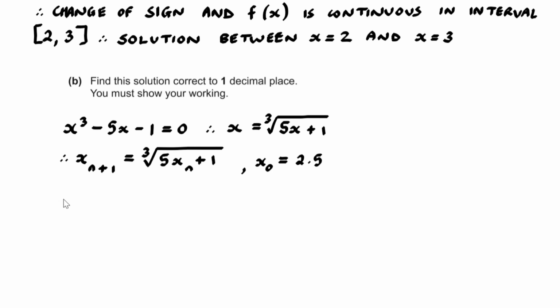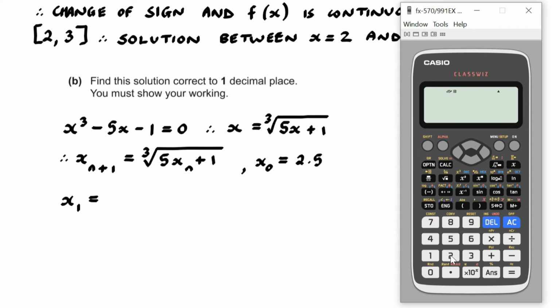So working out the value of x1, well, here we can use our calculator. Start off with 2.5, then we've got the cube root of 5 times by our previously stored answer plus 1. x1 is equal to 2.381101578.